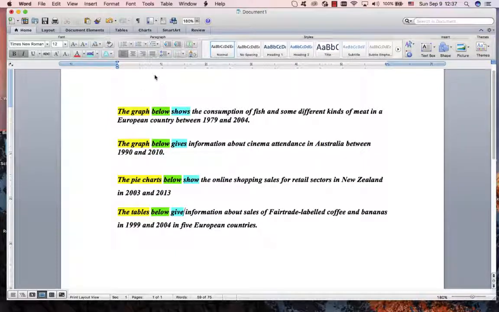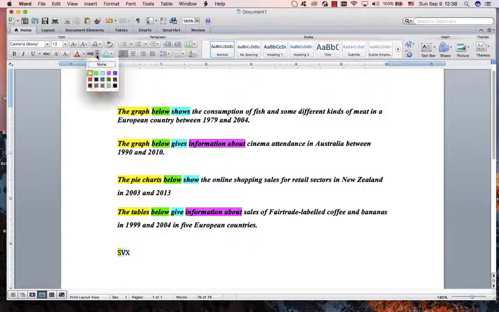Then sometimes we have information about or data on, and sometimes we don't. And then comes the really important part, a big noun phrase for X. Remember SVX? S is the yellow, V is the blue, and X is the big noun phrase. I'll make it a different color.